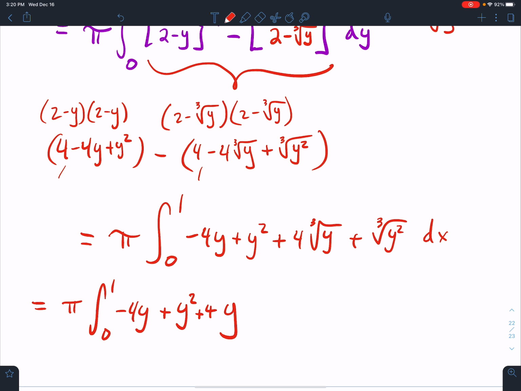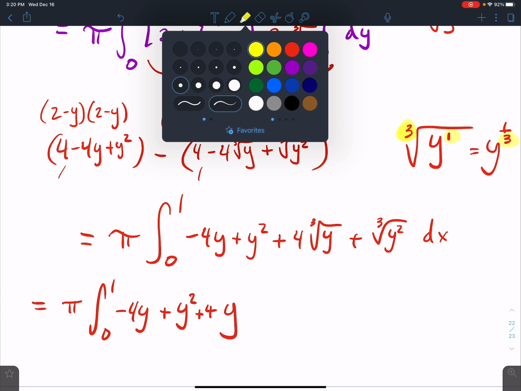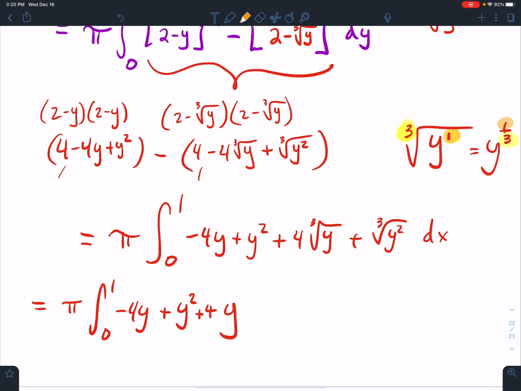Now remember, if I have the cube root of y, it's understood that there's only one y there. Rational exponent says the horsey goes outside and the rider goes in the house. But when you're riding, the rider goes on top and the horsey goes underneath. Okay, so the rider is on top and the horsey is underneath.